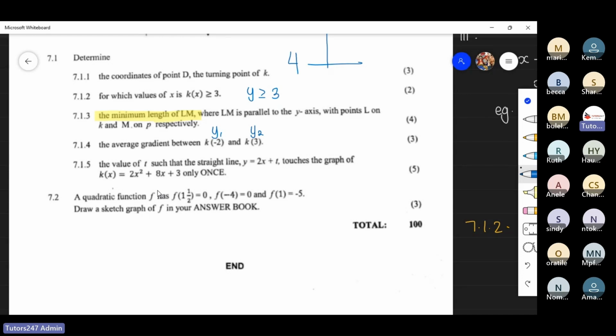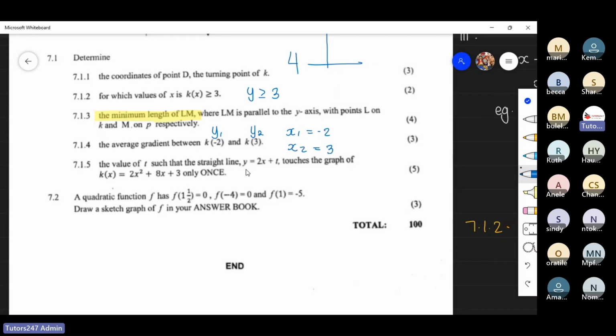So we need to find the average gradient between those two y values. When x is negative 2, y is k of negative 2, and when x is 3, y is k of 3. So keep in mind our x1 value will be negative 2 and our x2 value will be 3.